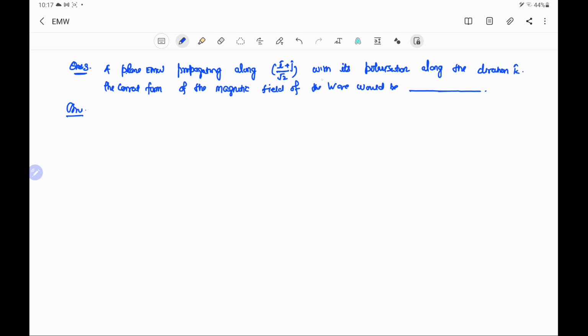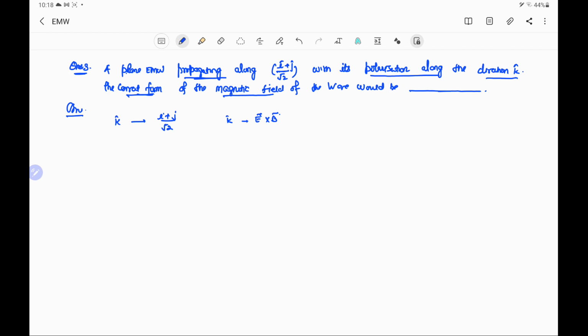Next question is, a plane electromagnetic wave propagating along (i plus j) by root 2 with its polarization along the direction k. The correct form of the magnetic field of the wave would be. In this question, the direction of propagation is along (i plus j) by root 2, and we know direction of propagation is along the vector E cross B. Another information given is polarization along the direction k.